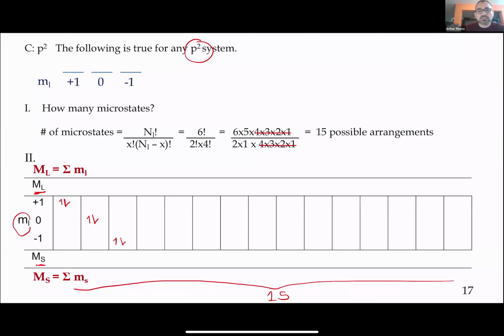Okay, so now we have to move on to having a system where the electrons are not paired up. And I do this in a very systematic way. So I first focus on the highest M sub L, just by practice. So I'm going to focus on having 1 electron in the M sub L +1, and I'm going to have it paired up. Then I put the other electron in the other 2, so I can put the other electron into the 0. So I'm going to do it like this. Okay. I can also have this one paired up, with the 0 paired down.